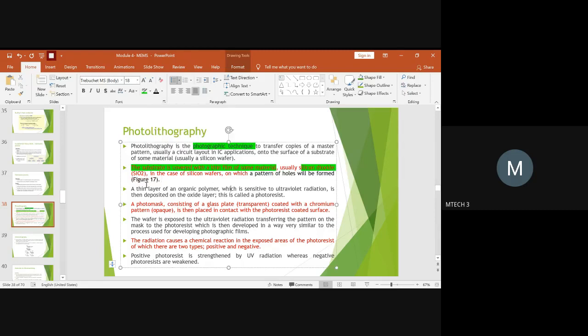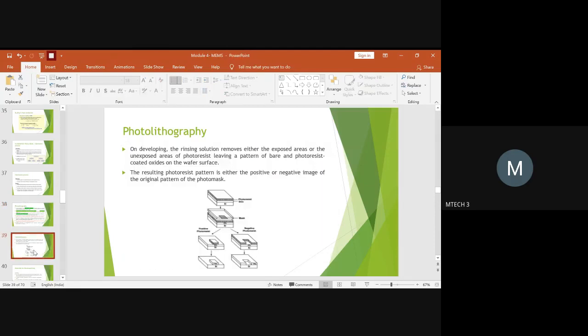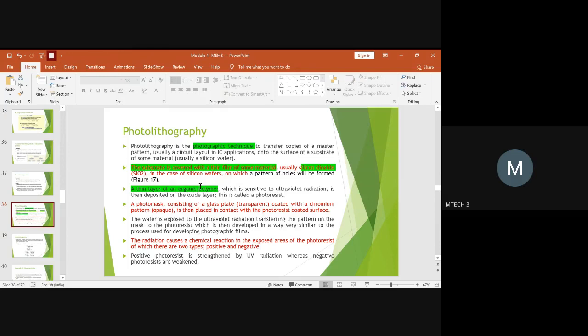After this, a thin layer of organic polymer is applied on the device. First you have a silicon substrate, on that silicon oxide, and above the silicon oxide you apply a thin layer of organic polymer. This is our thin film applied on the substrate, so it will be the thin film deposition.